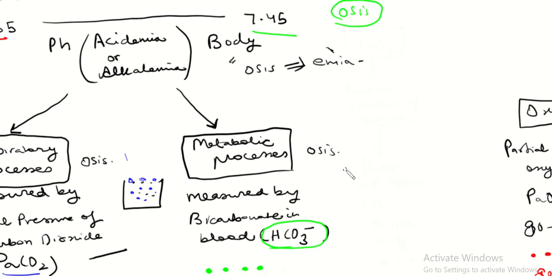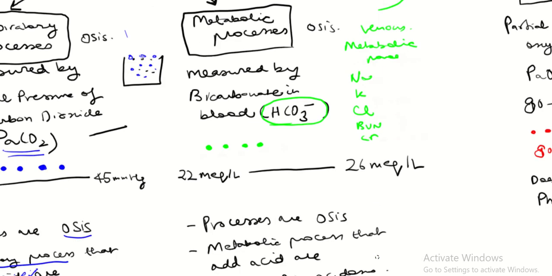When you look at your metabolic panel on the venous side, when you draw blood from a vein and you want to get sodium and potassium, chloride, BUN and creatinine, you're going to see a little value which is CO2. This equals bicarbonate in the blood.